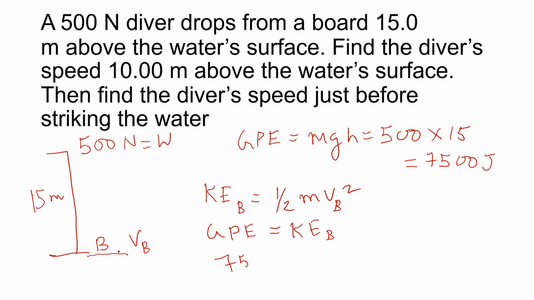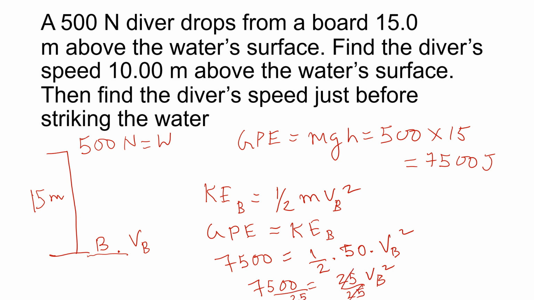So we can write 7,500 is equal to 1/2 times the mass of the diver, which is 50, times the velocity squared. Now we can solve it. 7,500 is equal to 25 times vb squared. Divide both sides by 25.